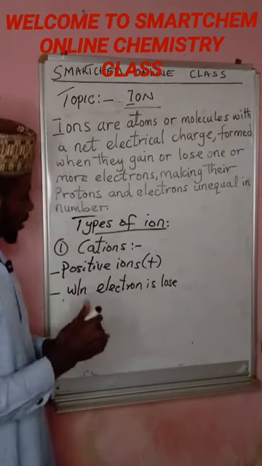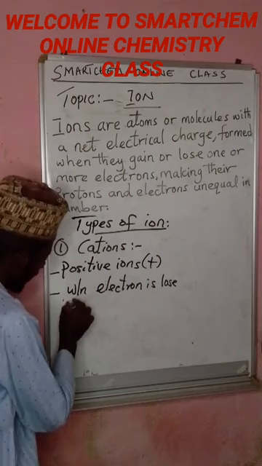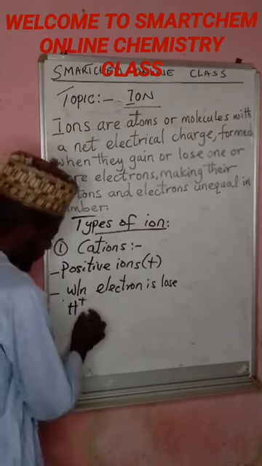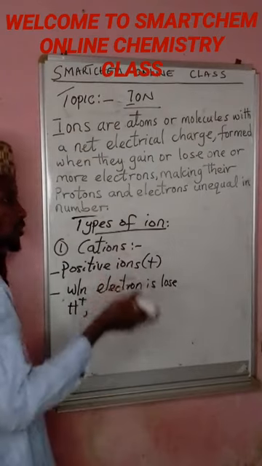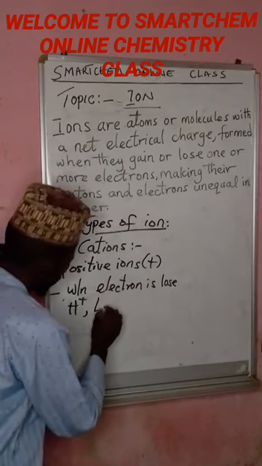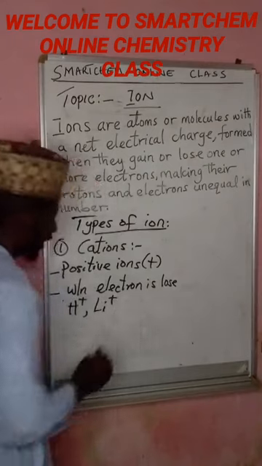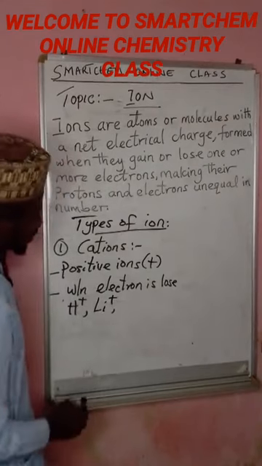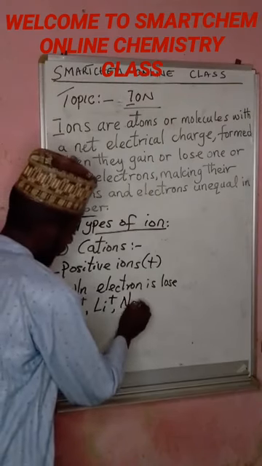Examples of these cations are hydrogen, which you can see loses one electron when you go to the atomic structure. Then we have, let's say, lithium, which is also removing one electron. Another example is sodium plus.